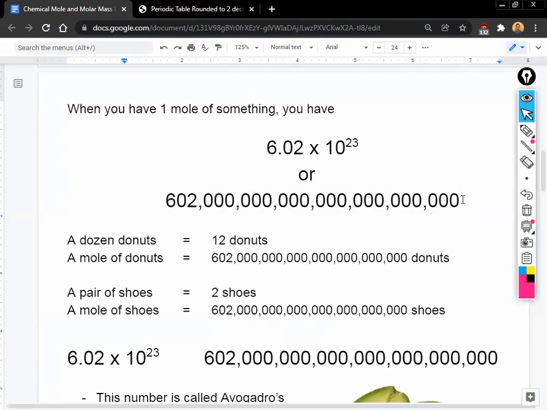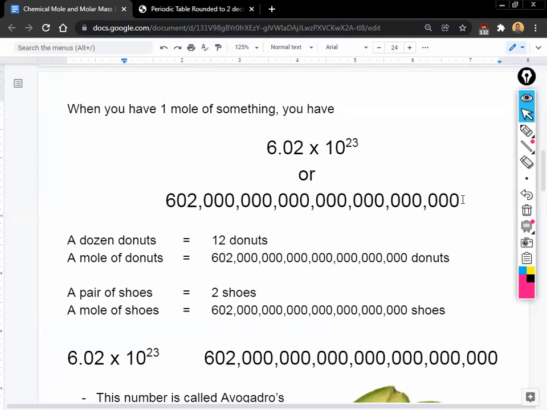Okay, so just to help you guys understand it a little better, if you have a dozen donuts, you have 12 donuts. If you have a mole of donuts, you have that many donuts.